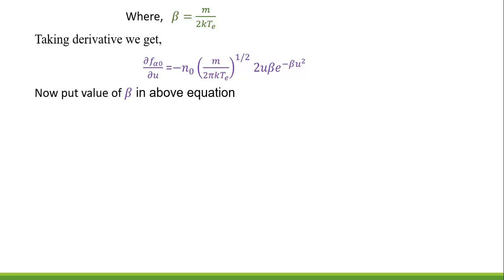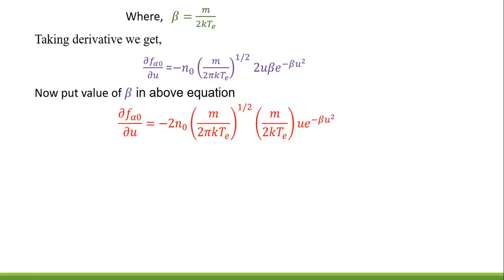You know that this is the coefficient of the Maxwellian distribution function, and if we differentiate it over velocity space, then 2 u beta exponential minus beta u square appears here.